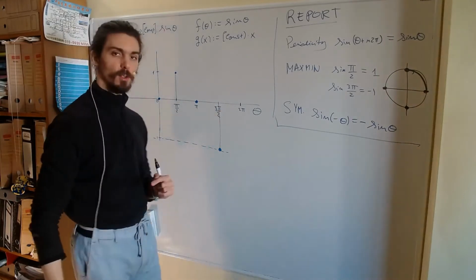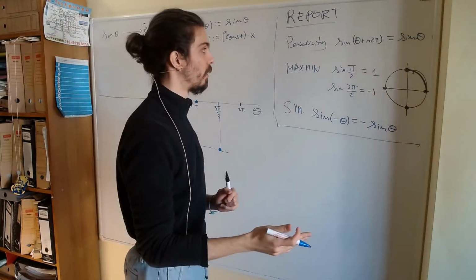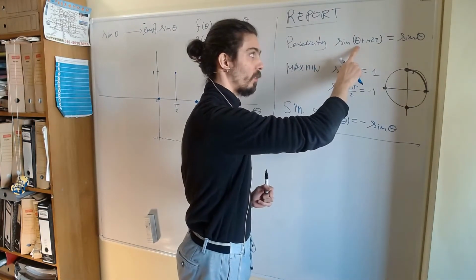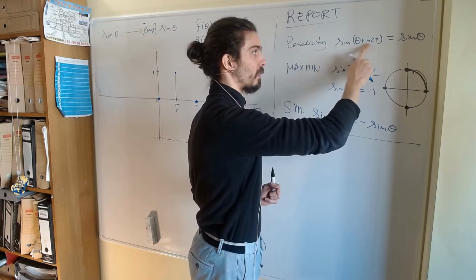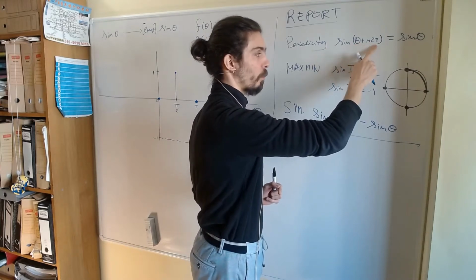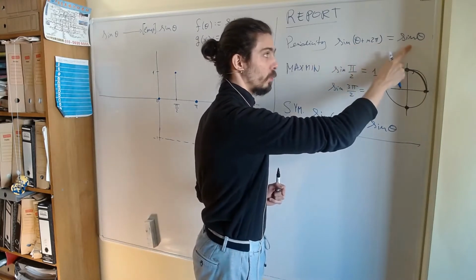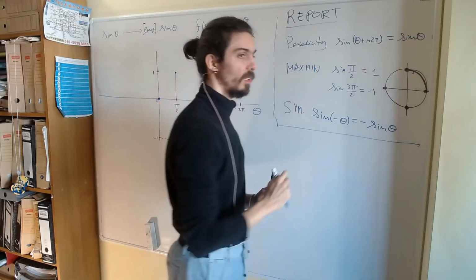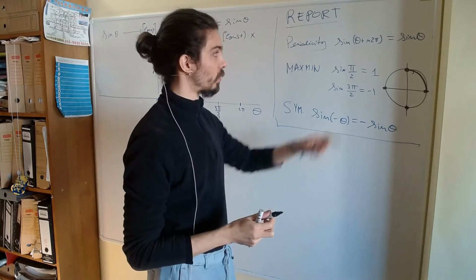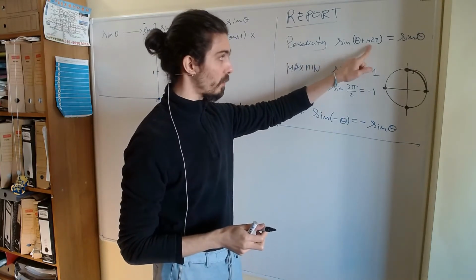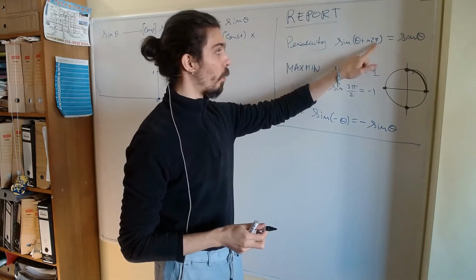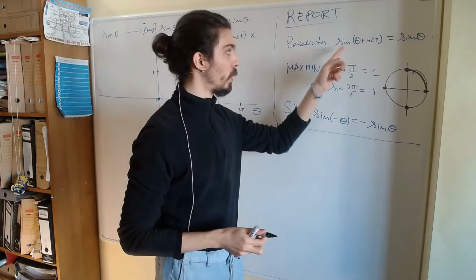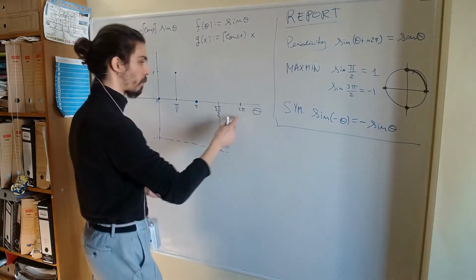What about the sine of 2 pi? We use the periodicity, right? Because if you choose theta 0, you have sine of 0 plus n times 2 pi equal to sine of 0. But sine of 0 is 0. So sine of n times 2 pi is 0 all the time. For the smallest period, that is when n is equal to 1, you have sine of 2 pi, so sine of 2 pi must be 0 as well.